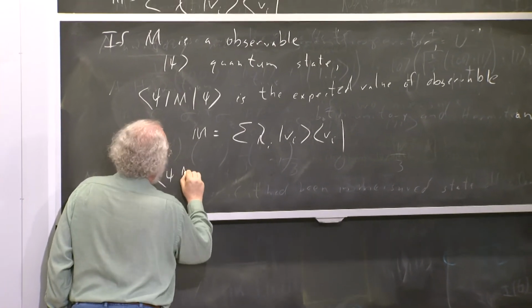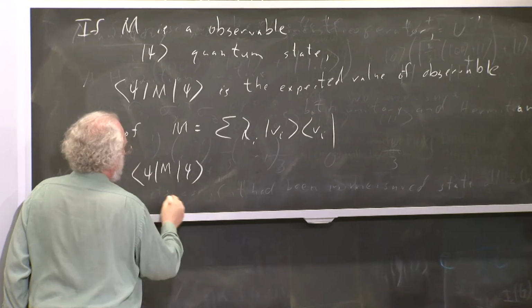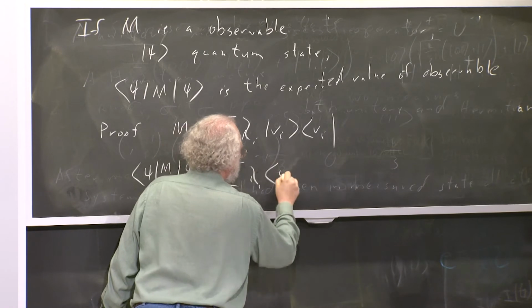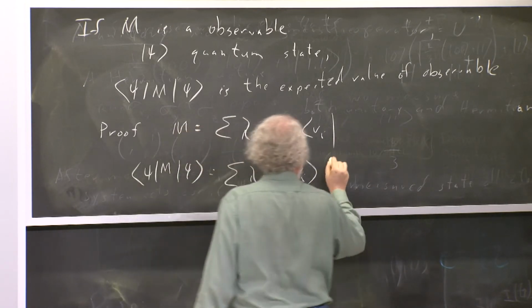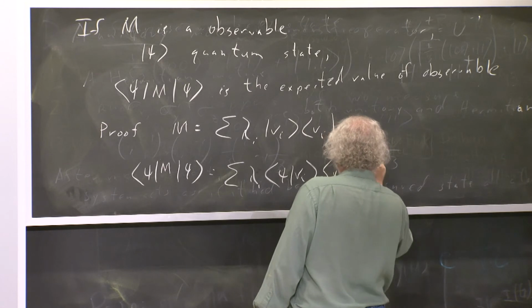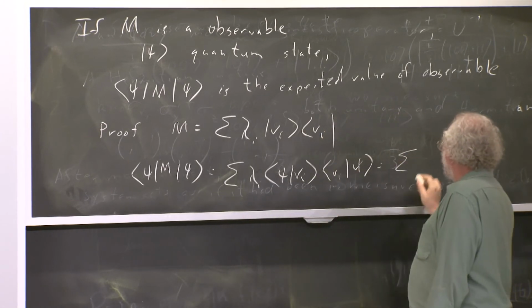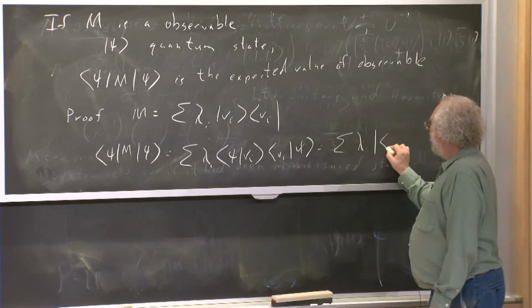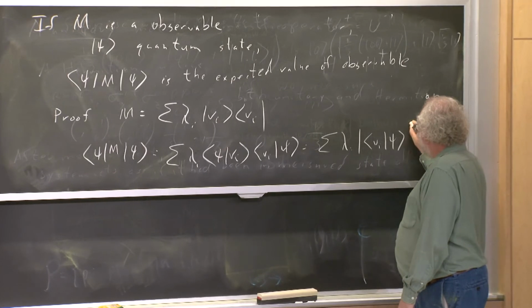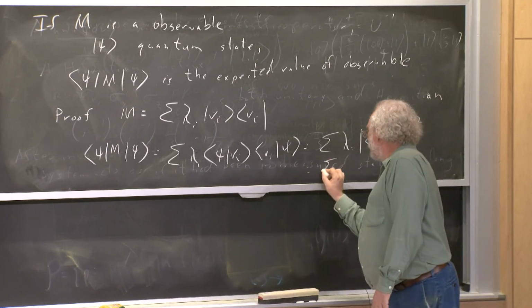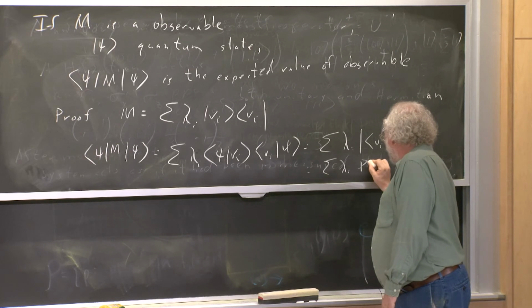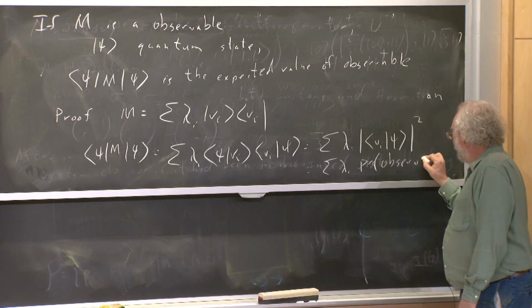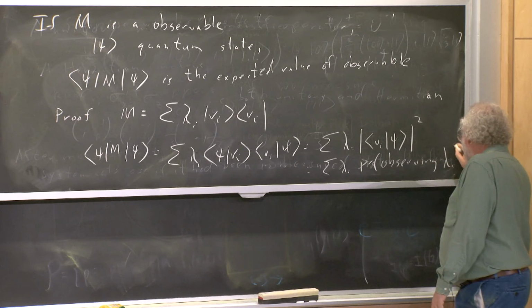Psi M psi is equal to the summation of lambda_i psi v_i v_i psi, which is the sum of lambda_i times the magnitude of v_i psi squared, which equals the summation of lambda_i times the probability of observing lambda_i.